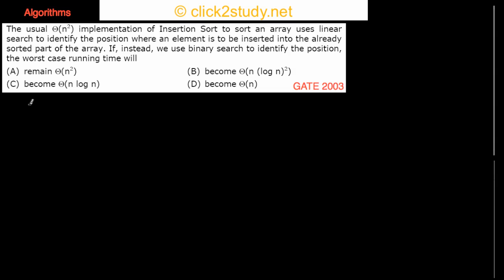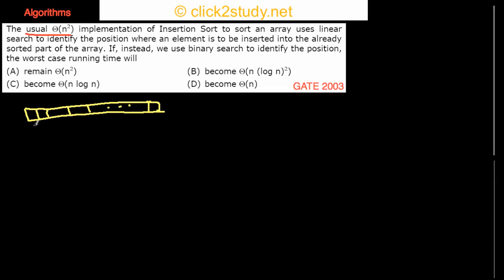So what this guy is saying is, suppose you have this array, and you have to do insertion sort to sort the elements. And he's talking about the usual implementation. In the usual implementation, to the left you always have a sorted array, and then you pick your element and you insert it into the sorted array at the correct position.